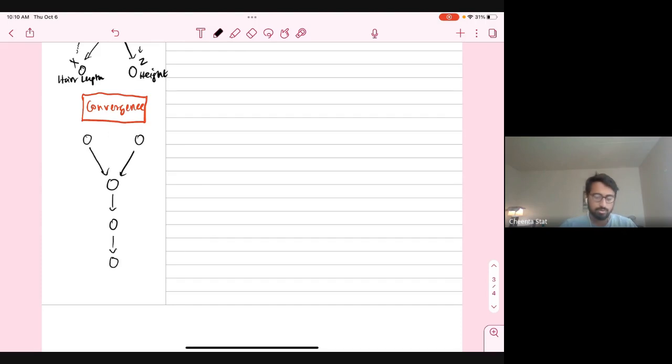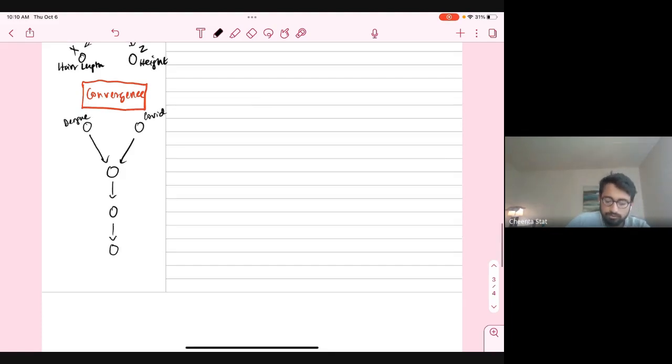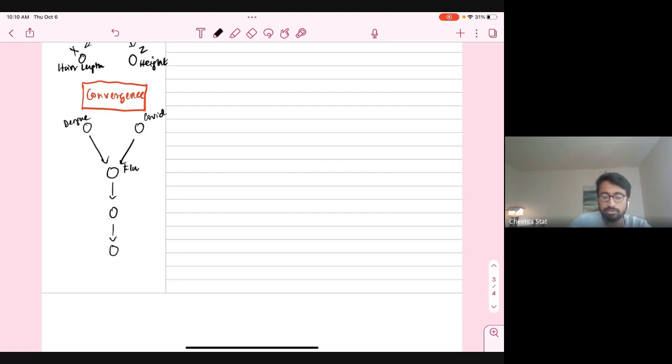So the convergence structure says, let's take an example. Let's take dengue and let's take COVID. Both of them cause fever.